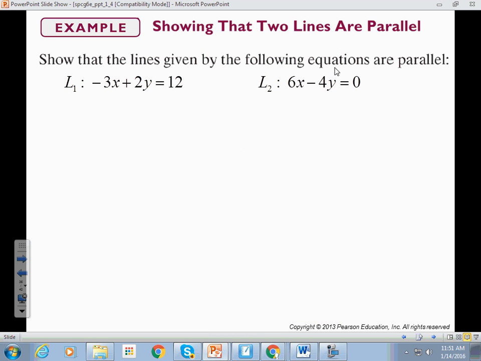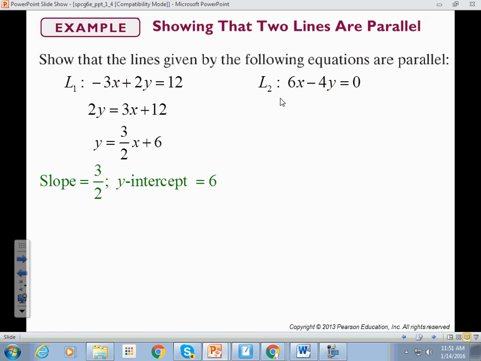All right, so we have these two lines. We're going to show that they are parallel. Well, if we convert to slope-intercept form, we add 3x to both sides, divide by 2, and we can see that the slope is 3/2.